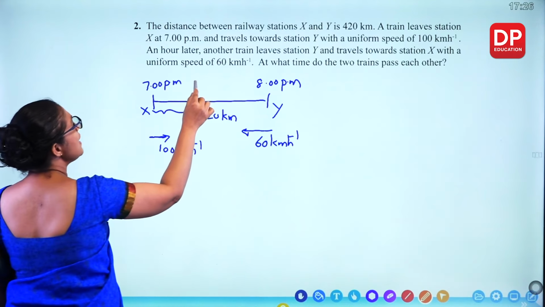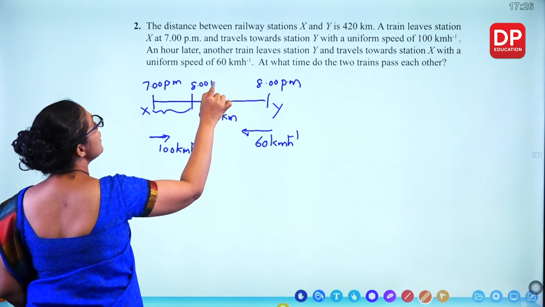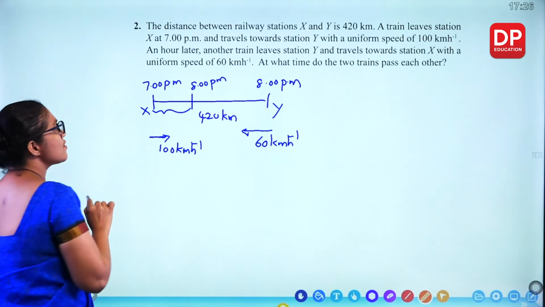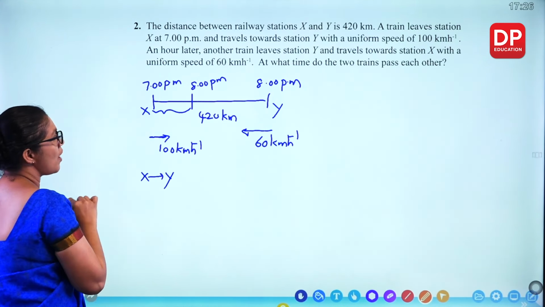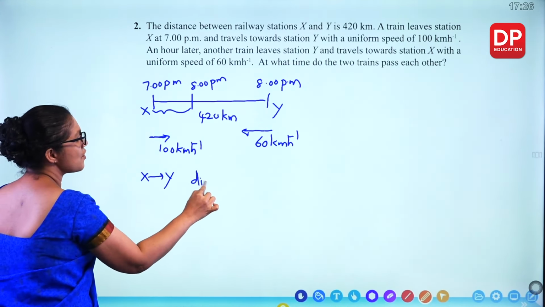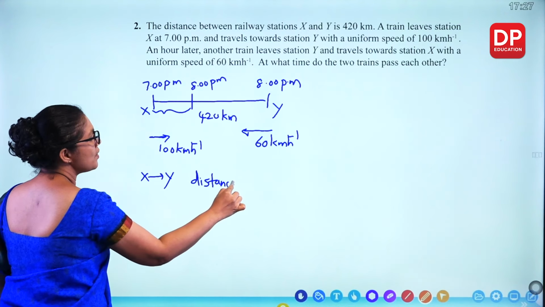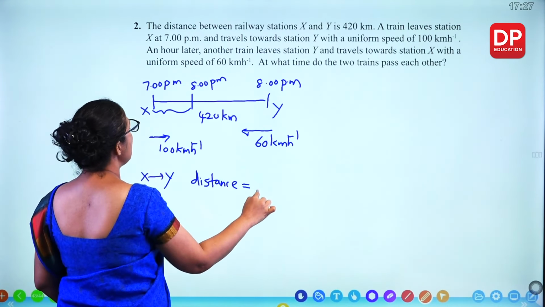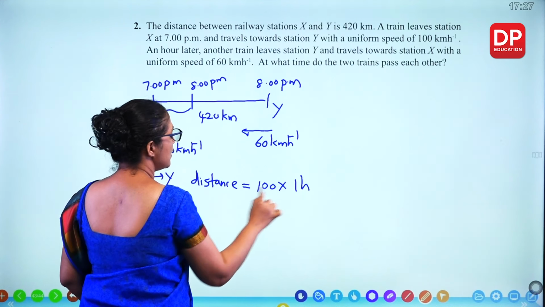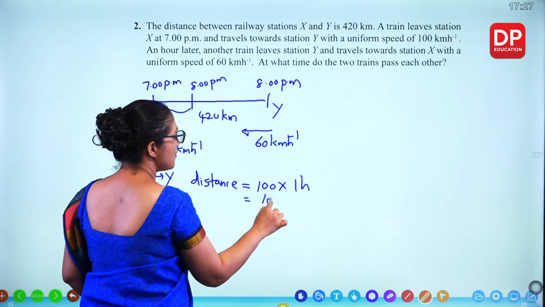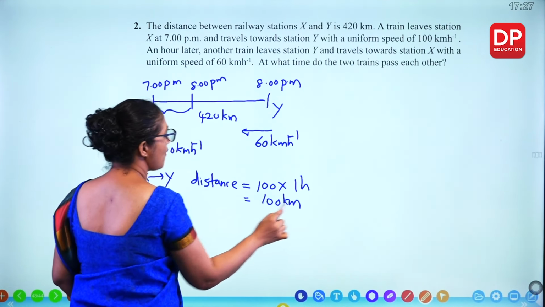So till 8 p.m. we need to find the distance traveled by this train. What's the distance traveled within 1 hour? Speed is 100 into 1 hour. So you get 100 kilometers traveled.